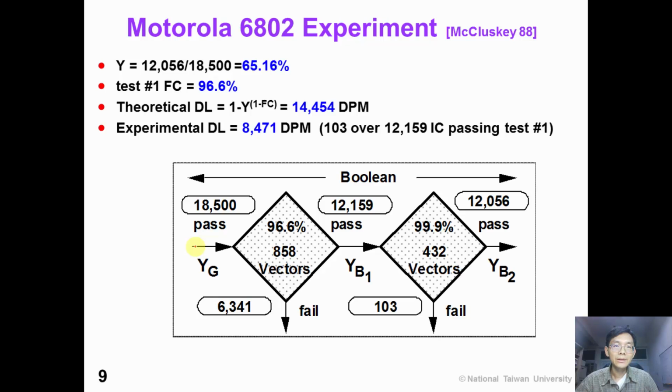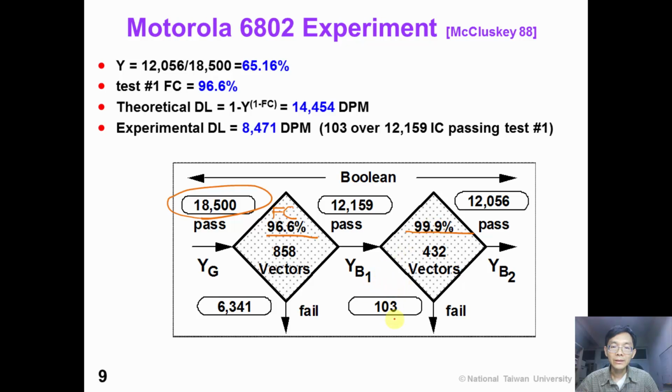We can verify this by the Motorola experiment. In this experiment, we produced 18,500 chips, and we applied test number 1, of which the fault coverage is 96.6%, followed by a nearly perfect test, of which the fault coverage is 99.9%.